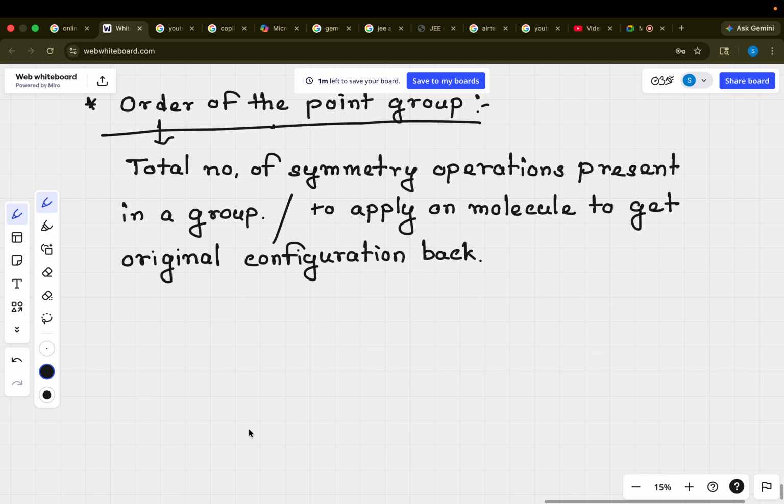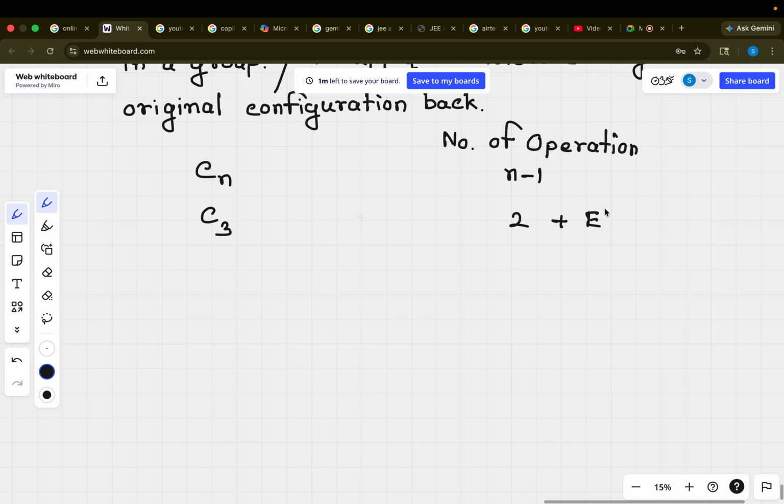Suppose you have C3, that means you will have 2 operations. The identity we are not considering here, because E is present in each and every one. If you add E, you get a total of 3 operations. Similarly, for C4, n minus 1 operations means 3 operations, and if you add the identity, you get a total of 4.